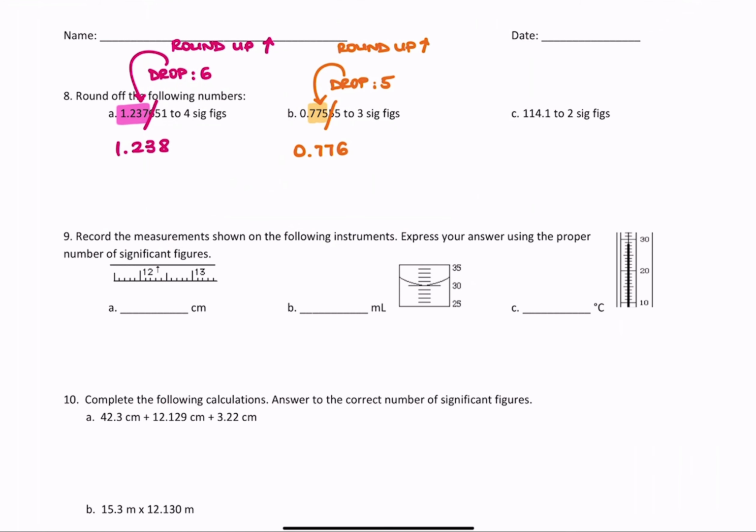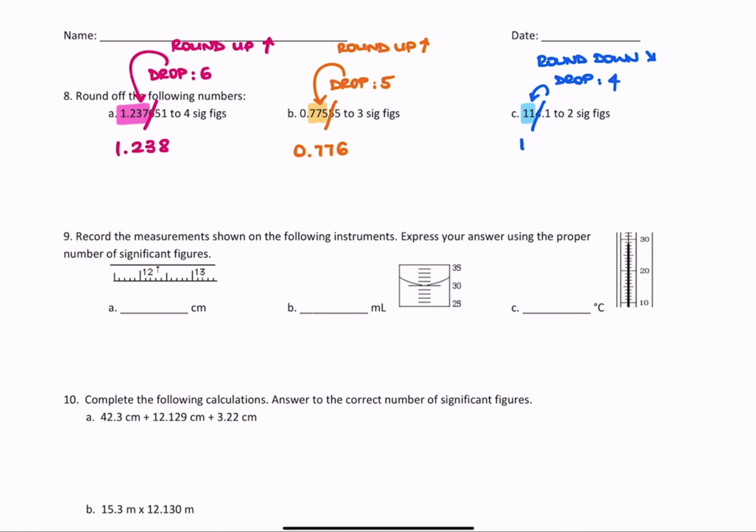Problem C. I need 2 sig figs here, 114.1. So I just want to keep these 2 digits right there. And I'm going to drop a 4. Therefore, if I drop a 4, we do what we call round down. Therefore, we do not touch anything.